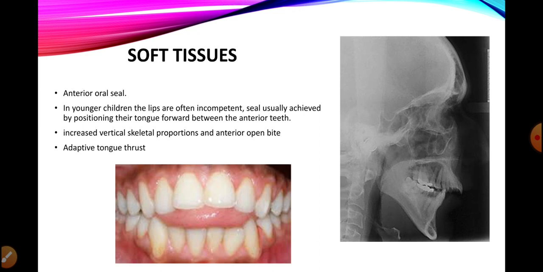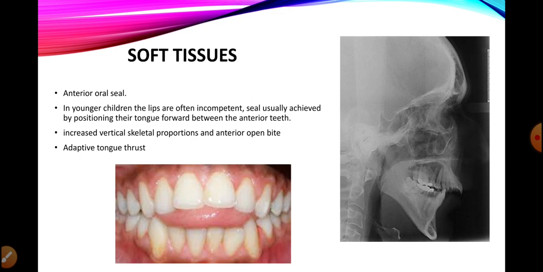Because the teeth are not coming in contact and we have to make a seal, the tongue will come forward for the swallowing purpose.